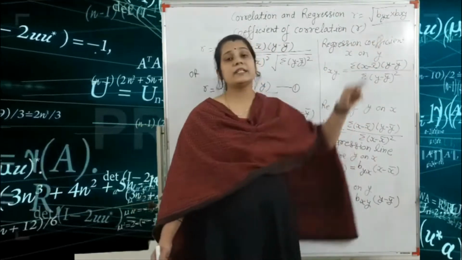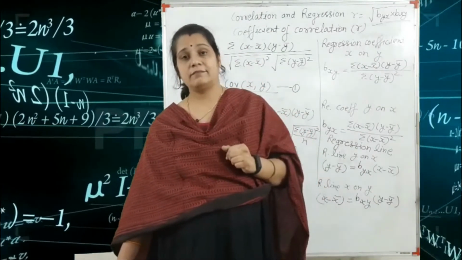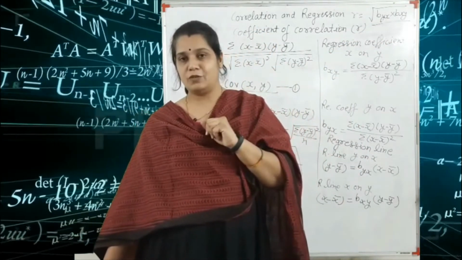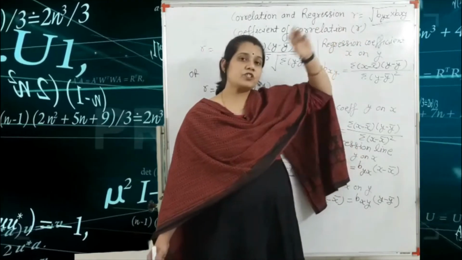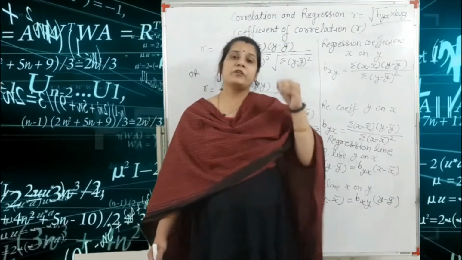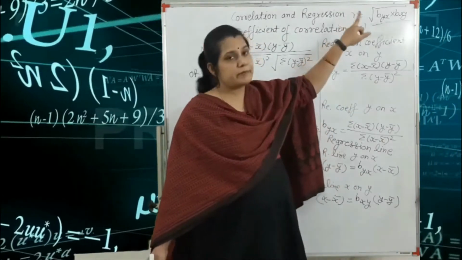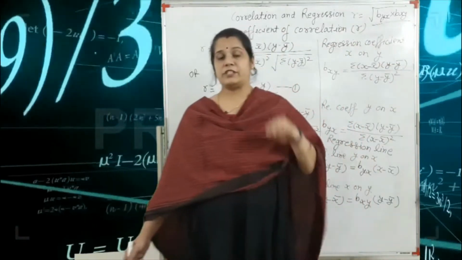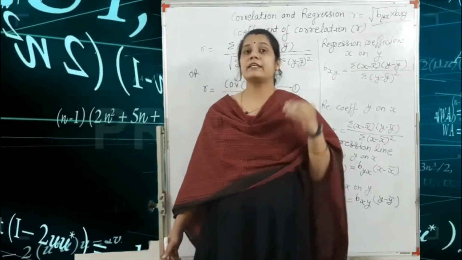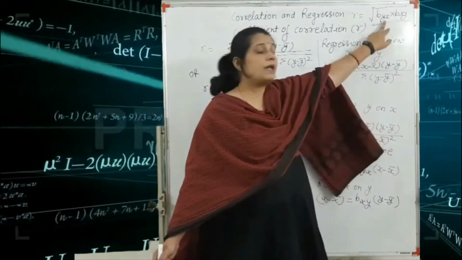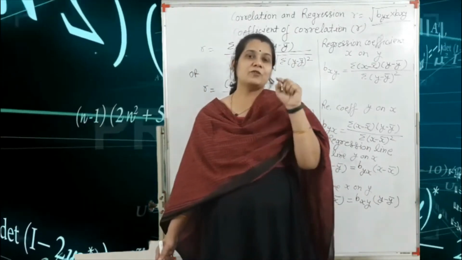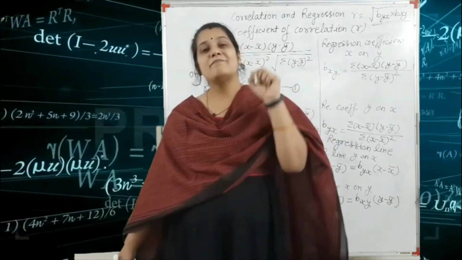But if both regression coefficients are negative, that means minus into minus gives plus, the product is positive, but your coefficient of correlation is written with the minus sign. Because the coefficient of correlation always depends on the sign of the regression coefficients.